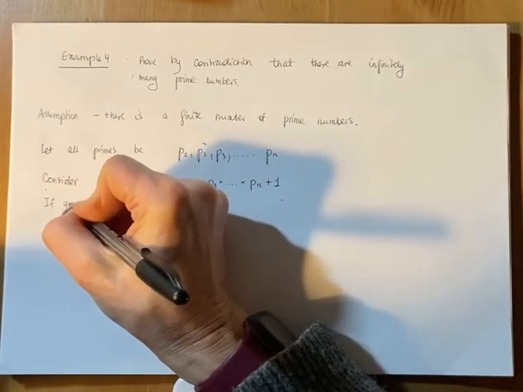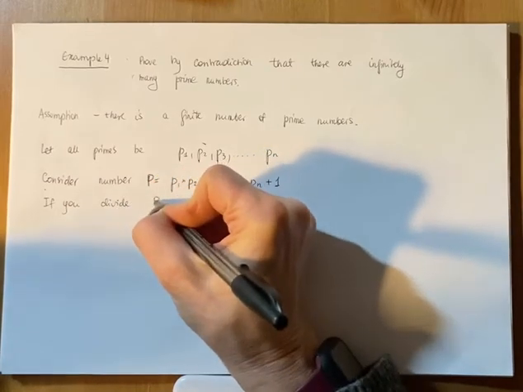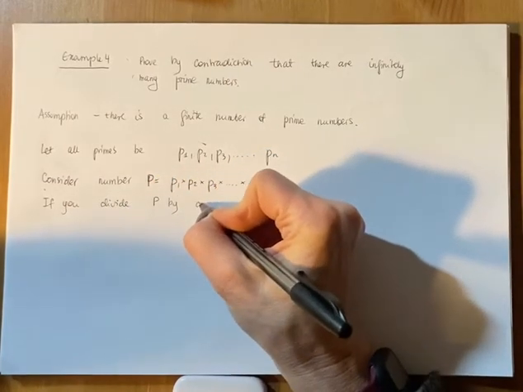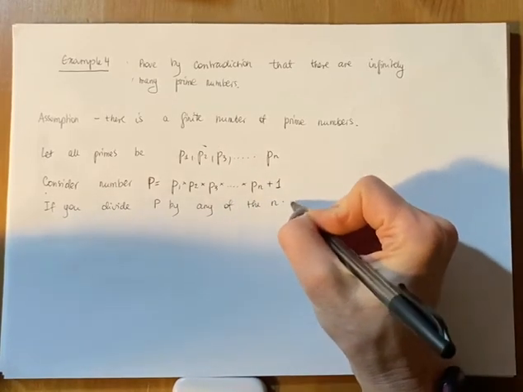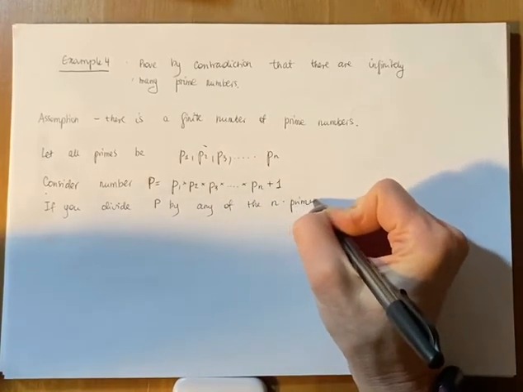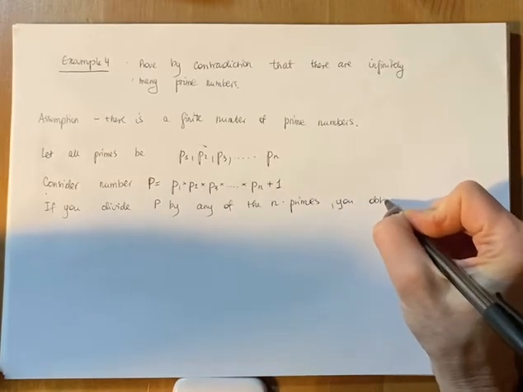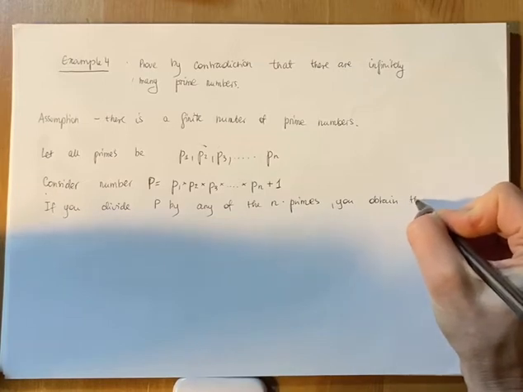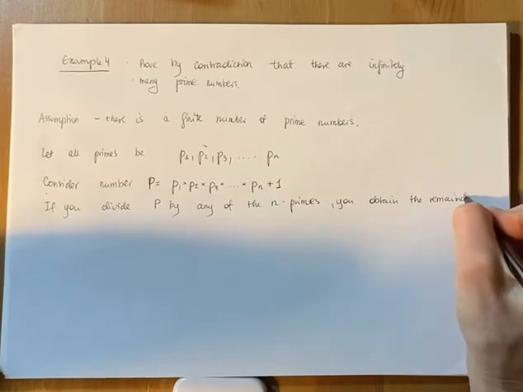So if you divide P by any of the n primes, you obtain the remainder 1.